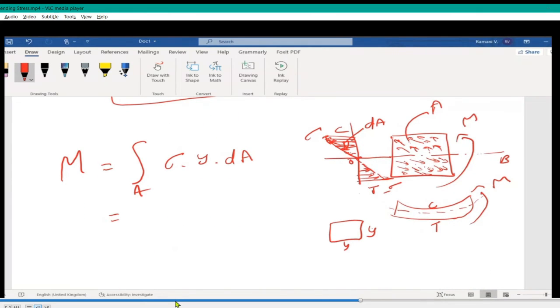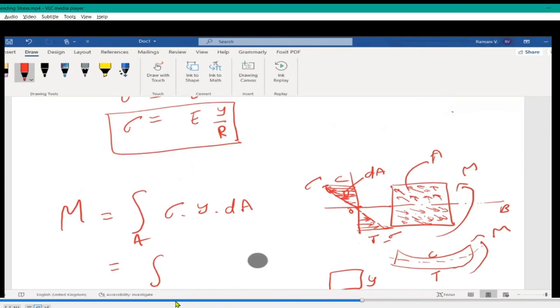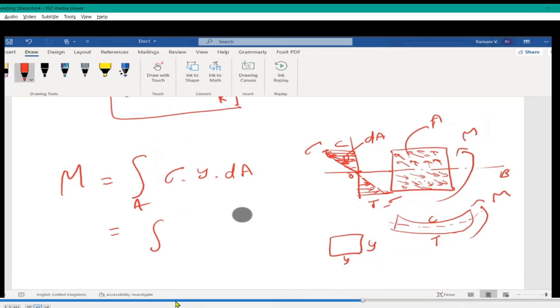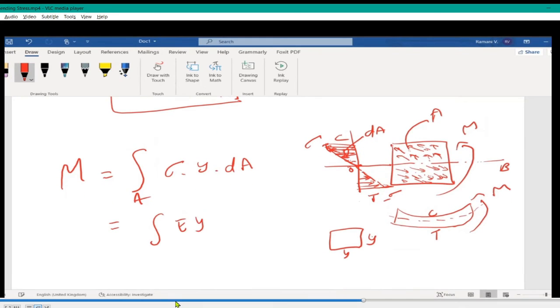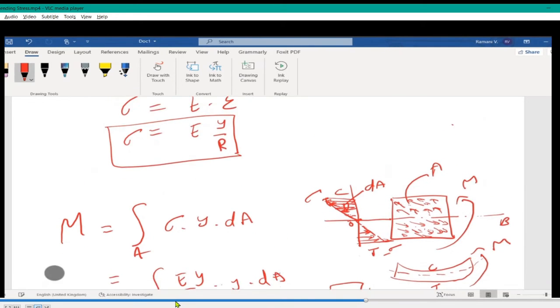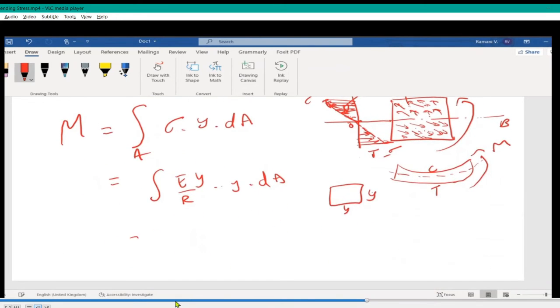Proceed with this. I just substitute the value of stress, which is E y by R, and then there is another y, another dA. You end up with E by R times y square dA.